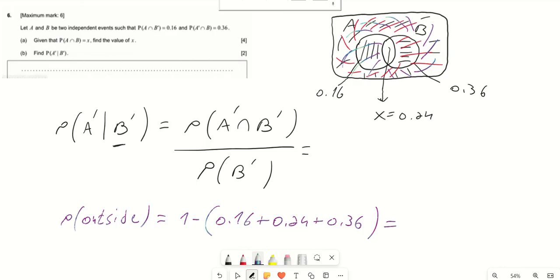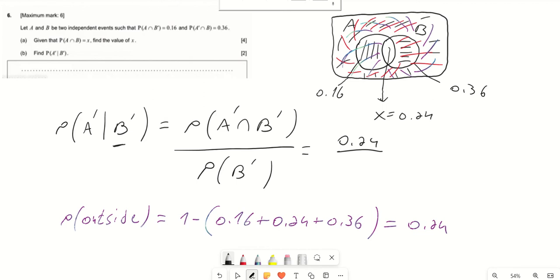And this will be 0.24. So now I know this number for the intersection of A prime and B prime.